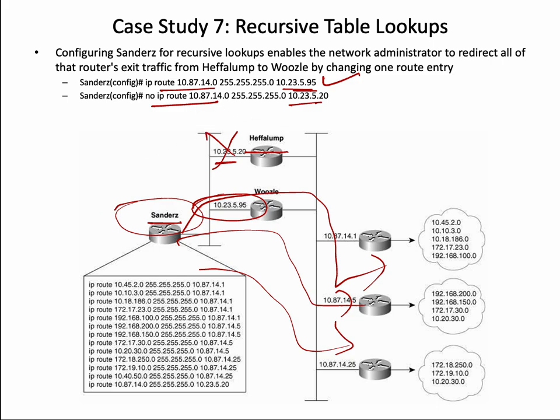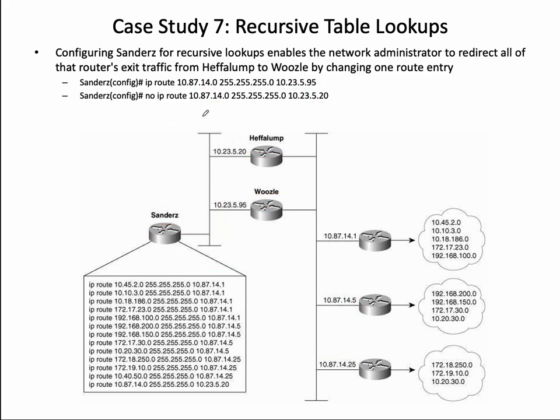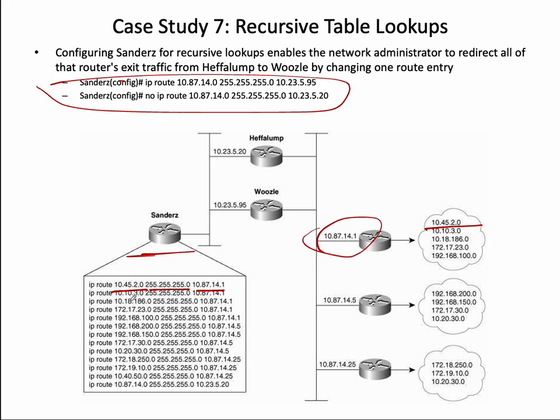Let me clear it here. Let's take a look. Don't worry about these two commands yet, right? Let's take a look here. So if you want to reach 10.45.2.0, where is it? It's here, right? And what does the router say, hey, my next hop is 10.87.14.1. This is the next hop, right? 10.3.0. This one, who is the next hop? Our next hop is common till here, right?